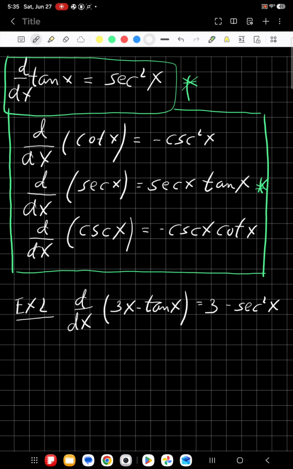Okay, another example, example 3. So this time we'll have to use the product rule. So that's the derivative of the first function. The first function is x, so the derivative of that is 1 times secant x.